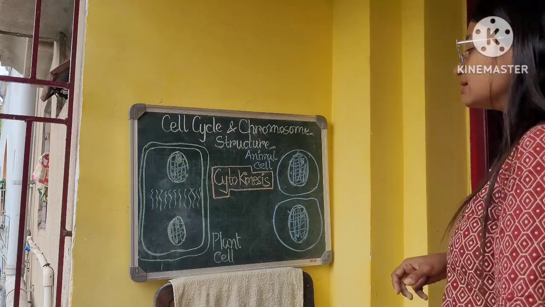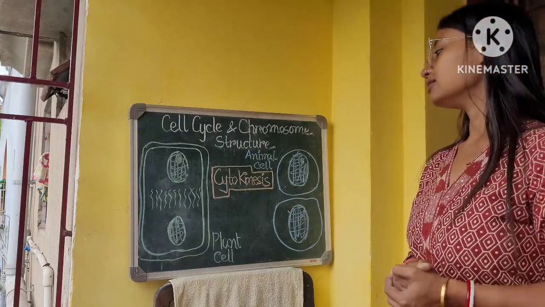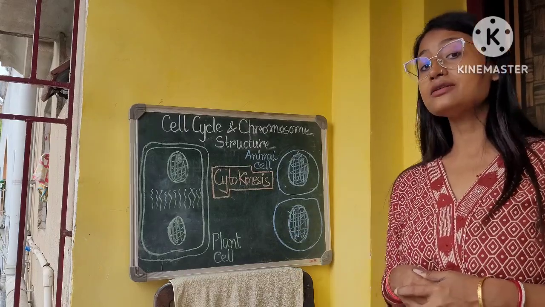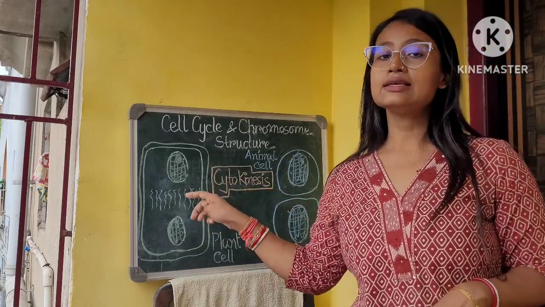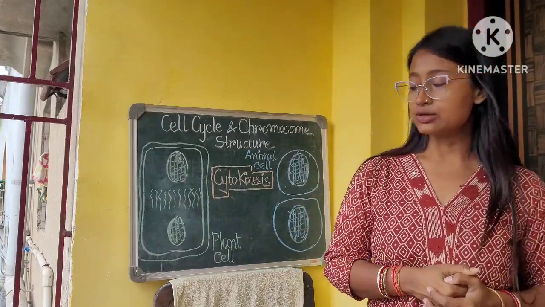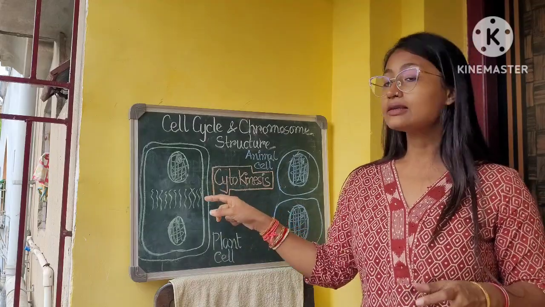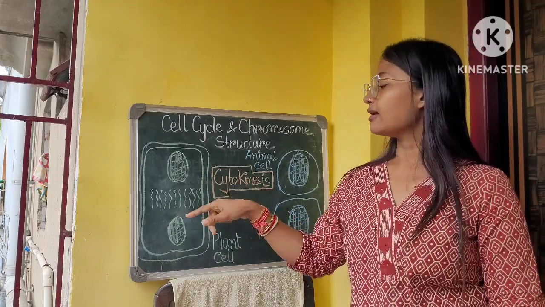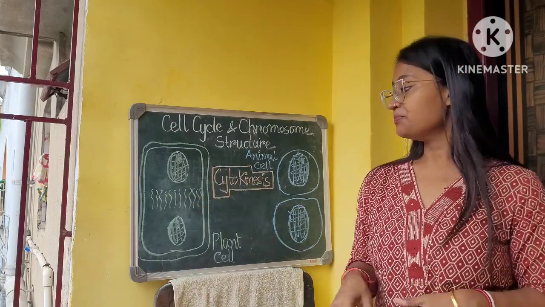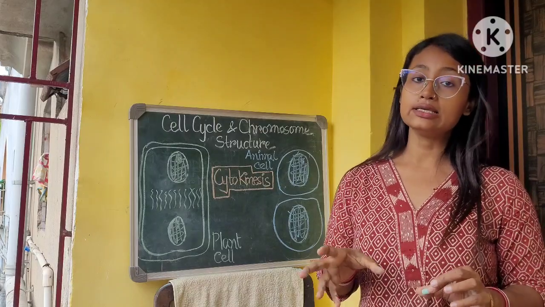Now we will discuss the cytokinesis in plant cells. In the case of plant cells, the cytokinesis actually begins with the appearance of the interzonal fibers. These interzonal fibers appear during the anaphase, the late anaphase stage. And after appearing, these interzonal fibers get condensed, and after that, when the two nuclei appear completely, these interzonal fibers get fused with the Golgi bodies of the cell.